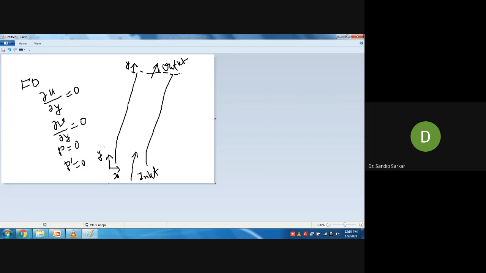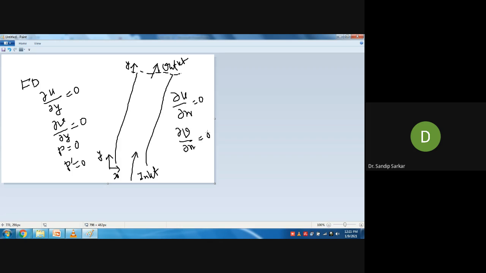So in general, we can write that at the outlet, the fully developed boundary condition has to be specified. That means del u del n equal to 0, where n is the surface normal, that means either n is x or n is y, depending upon the outlet surface normal, and del v del n equal to 0.